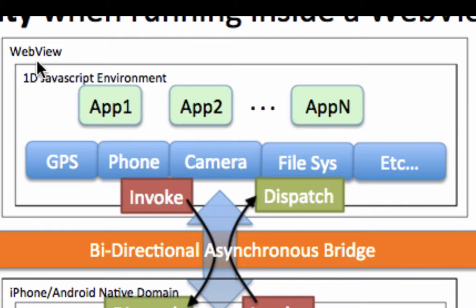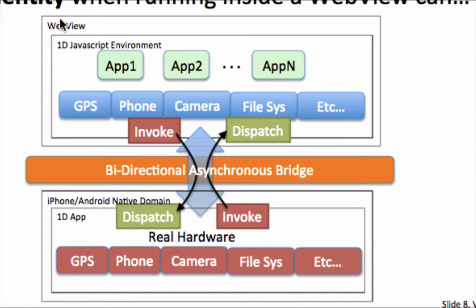In that case, the entire picture takes effect, and the JavaScript environment is running inside a web view, which is the only native UI component in either smartphone, and that allows us to connect to the underlying hardware through a JavaScript API in both directions. The majority of access is going from the JavaScript environment into the hardware to, let's say, get a GPS coordinate or access the phone or the camera or the file system.